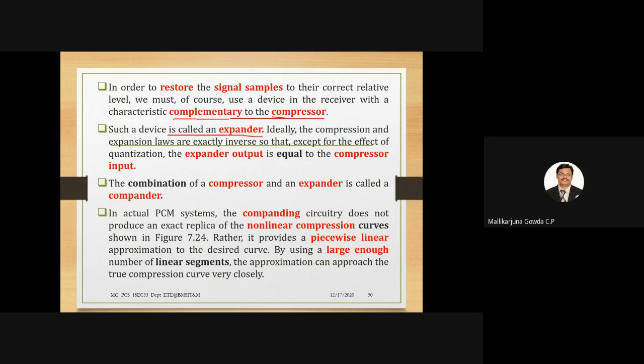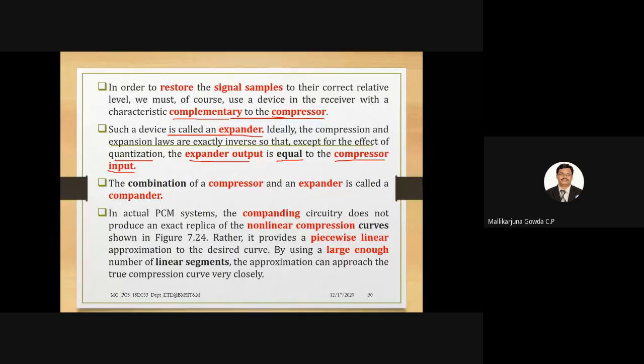The compression and expansion laws are exactly inverse, except for the effect of quantization. The expander output is equal to the compressor input. Why do we compress and send the signal? To minimize the bandwidth.